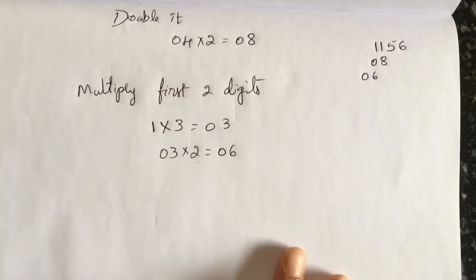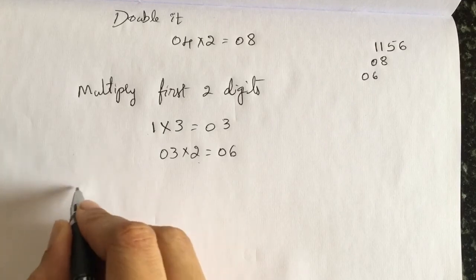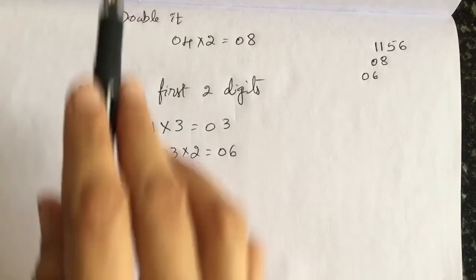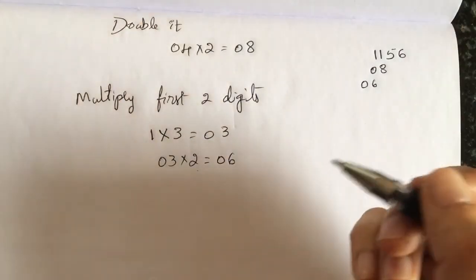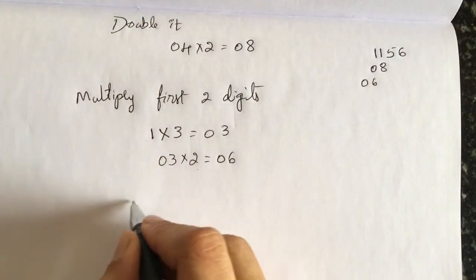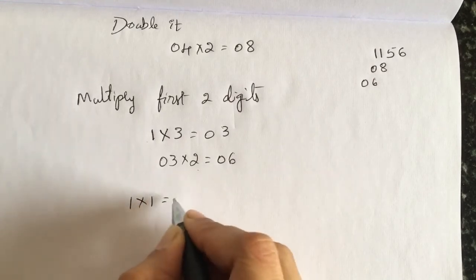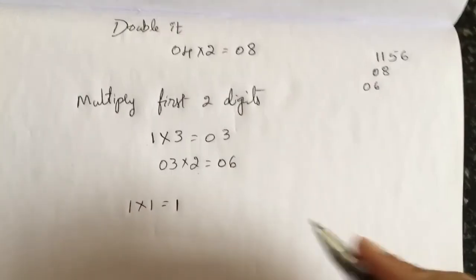Then at the end you multiply 1 with itself. So 1 into 1, so it's 1 only. That's 01.